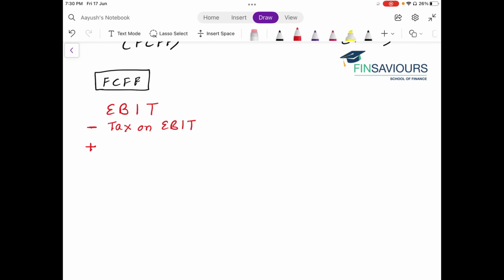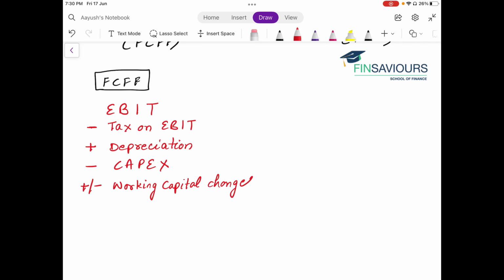You add back depreciation, you subtract your capex, and you adjust your working capital changes. And this will give you FCFF, free cash flow to the firm.